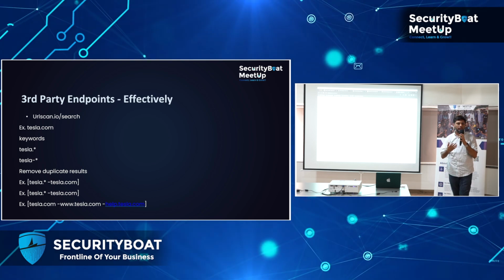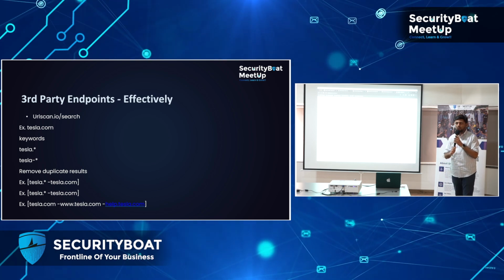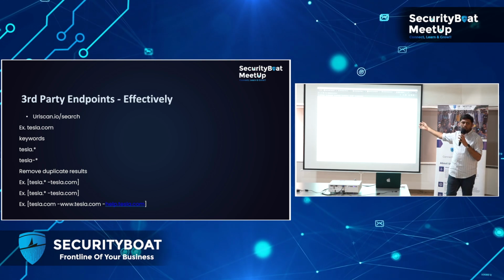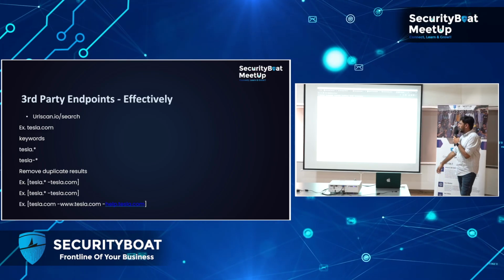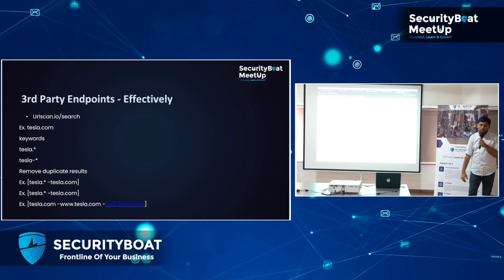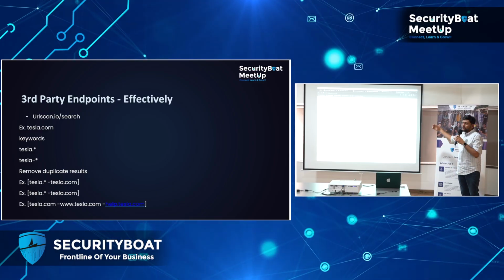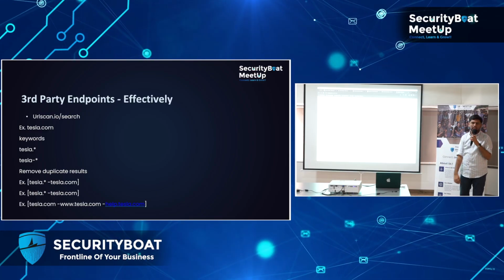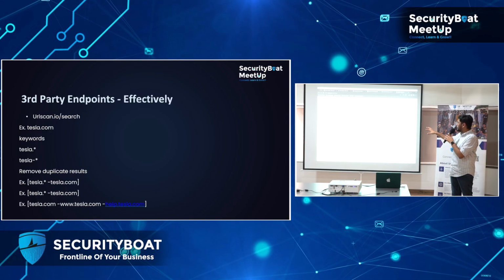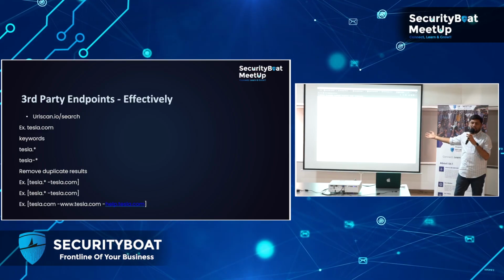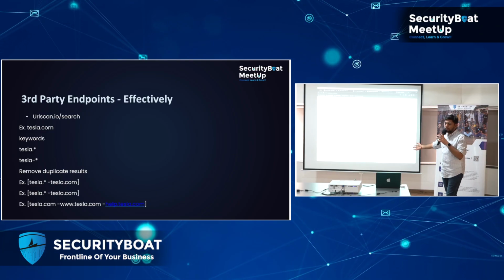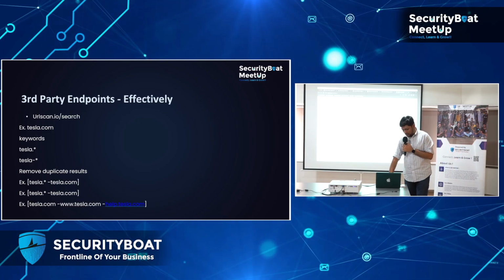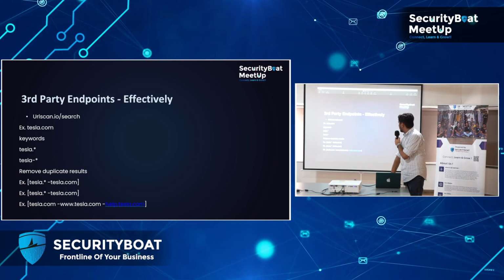You try to be creative with Google Dorking. I'm going to show you how creative you can be with Google Dorking, maybe 1 or 2 slides later. But just like you are creative with Google Dorking, be creative with your scanning as well. There's a chance that scanning of Teslas or scanning of tesla.star or tesla-star will have a great impact for you. So that's scanning third-party domains effectively.